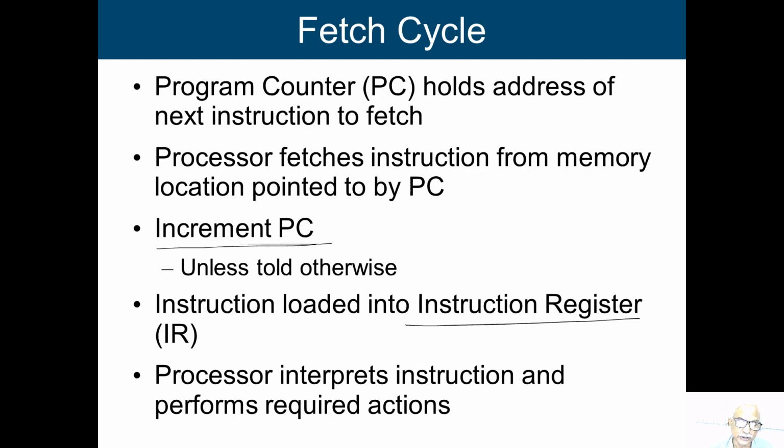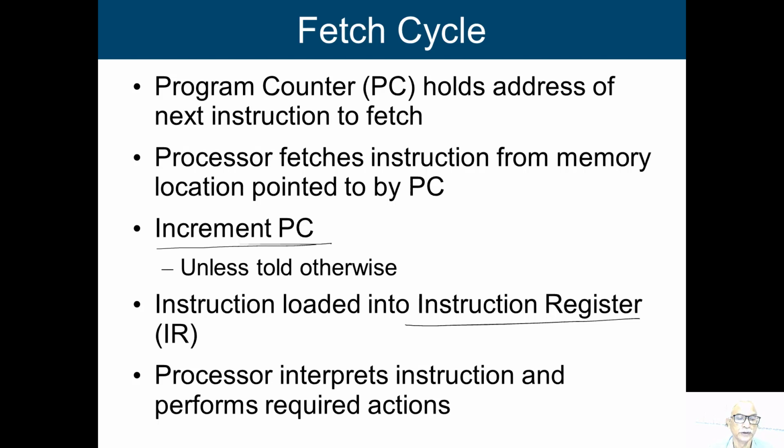But if it is an add instruction and one of the operands needs to be fetched from the main memory, then the decoder will give us an indication of the required actions, and accordingly we are going to perform this operation. So, once it comes into the instruction register, we will know the next step. We are going to discuss all those things in detail when we discuss the design of the control unit.